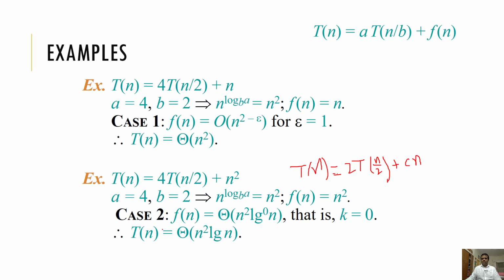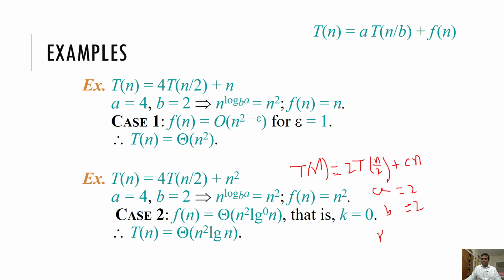Now we can use this, since it is of this form of the master method. We can compare these two and get the values of a and b. So a is 2 and b is also 2.